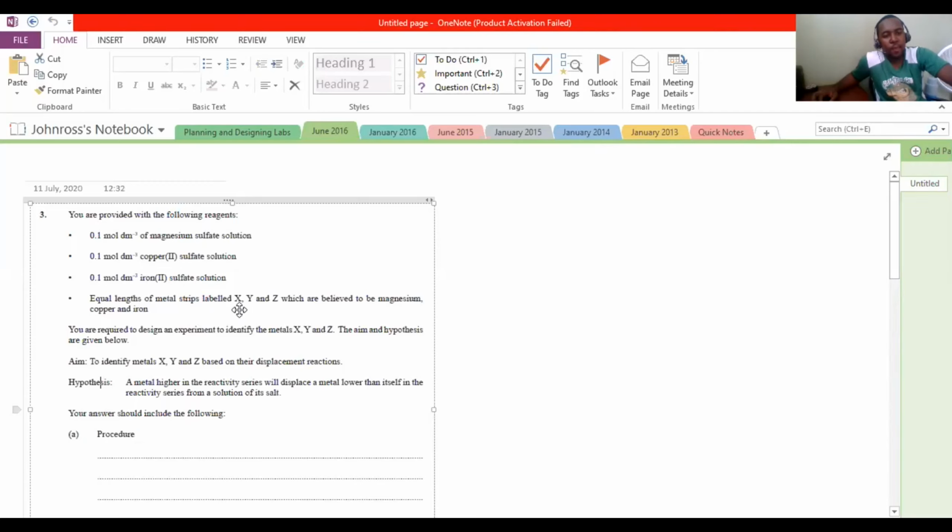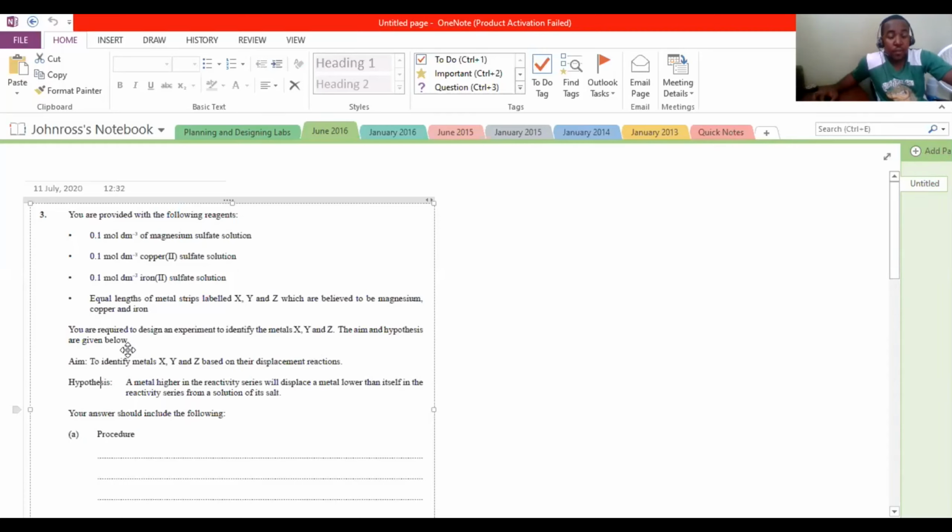It says you are provided with 0.1 mole per dm cubed of magnesium sulfate, copper(II) sulfate, and iron(II) sulfate. The equal lengths of metal strips labeled X, Y, and Z are believed to be magnesium, copper, and iron. You are required to design an experiment to identify metals X, Y, and Z. The aim and hypothesis are given.